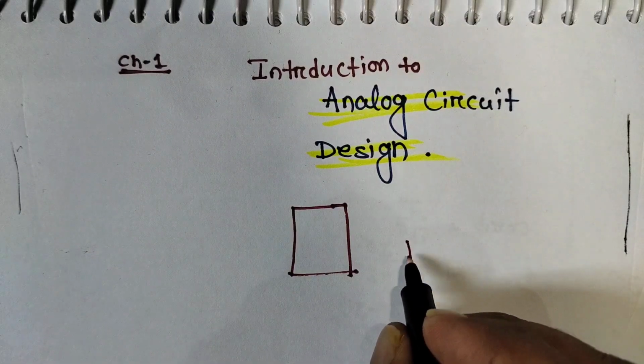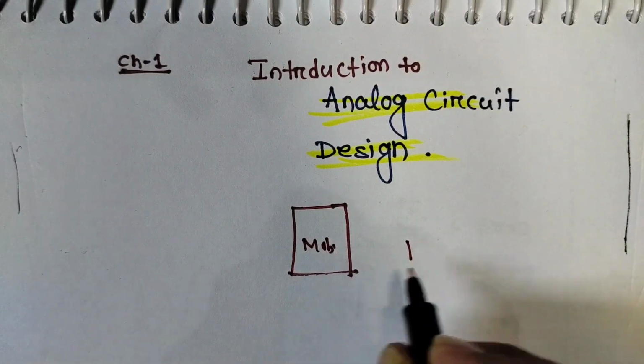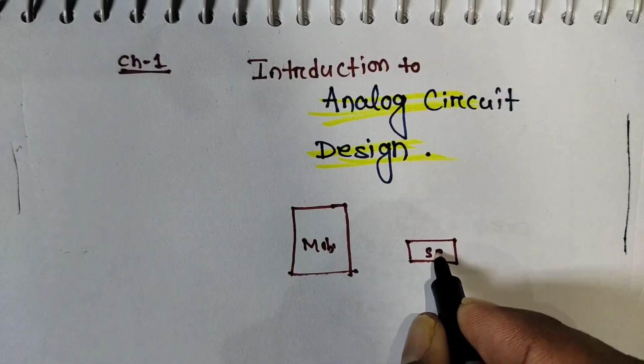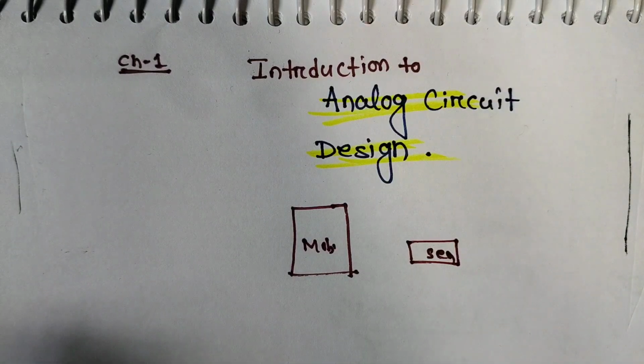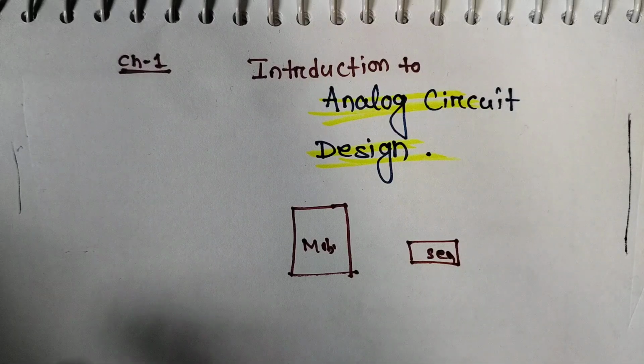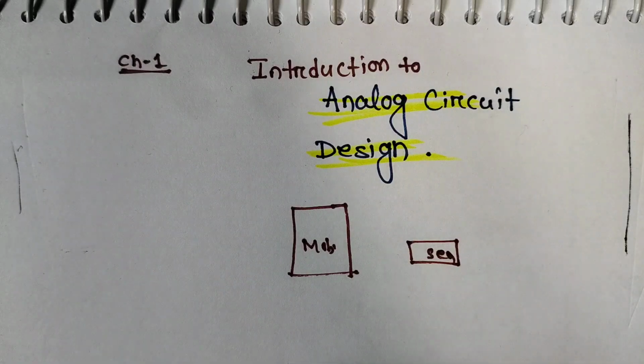and a sensor, all these things, the mobile phone and some sensor, everything requires an analog circuit or analog device. Because in a mobile phone, our voice is a real-life signal, and that signal needs to be converted to an electrical signal.